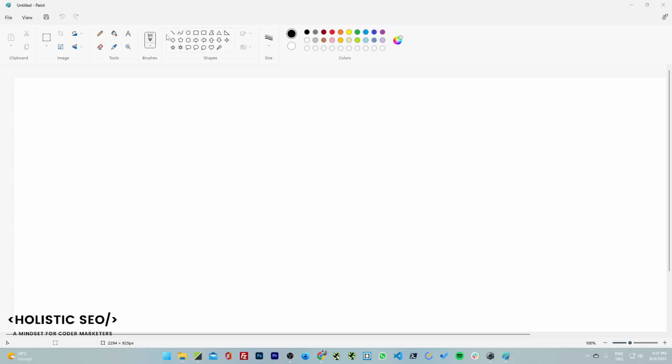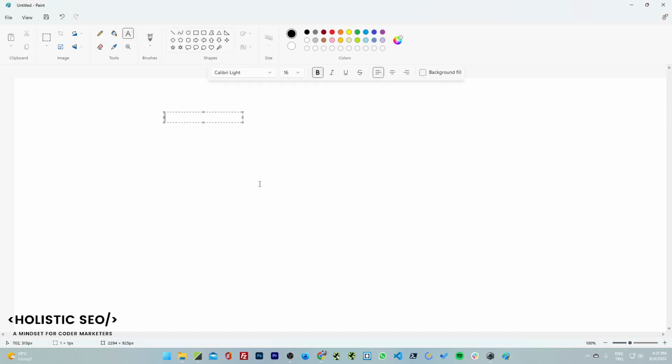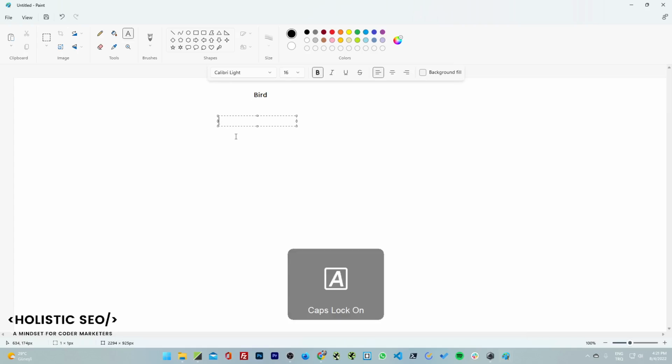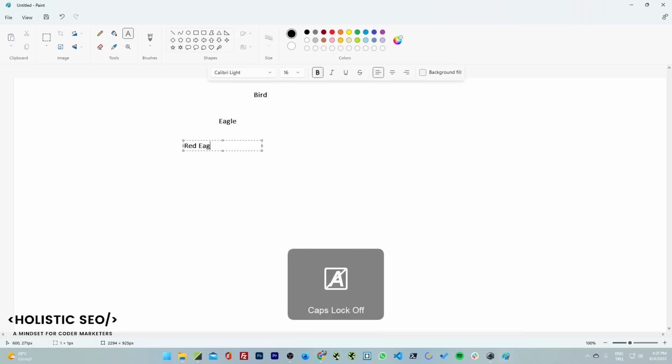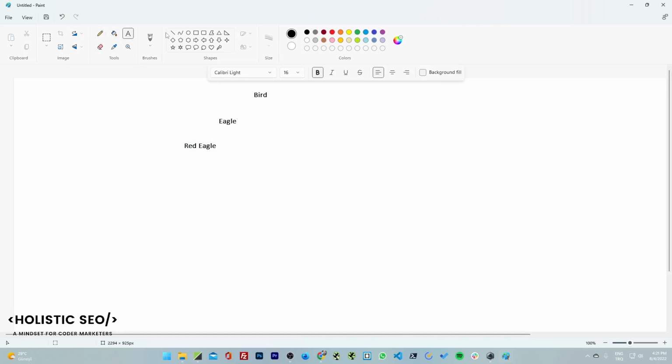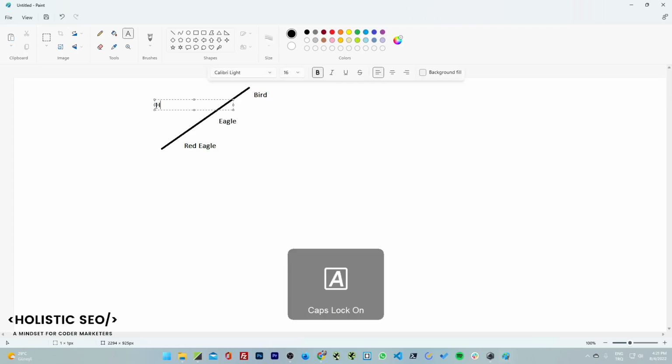So when you look at the word bird, this is one of the hypernyms that we can use here. The bird is a hypernym for the word eagle. And here, let's say the red eagle. So there is a relation between these things in terms of hypernym. If you go upper, it is a hypernym relation.